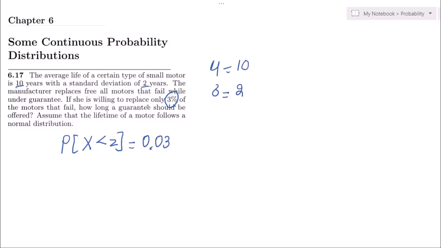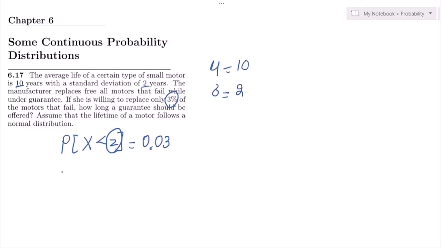So if he is willing to replace only 3% of the motors that fail, how long a guarantee should be offered? I want to find out the guarantee. Assume that the lifetime of a motor follows a normal distribution. We have assumed it here, because this is what we have been doing since our previous questions. So this is what we have now here.